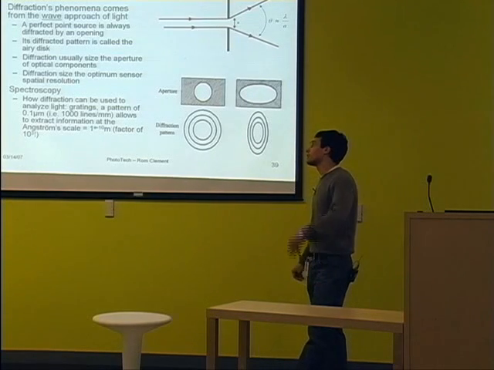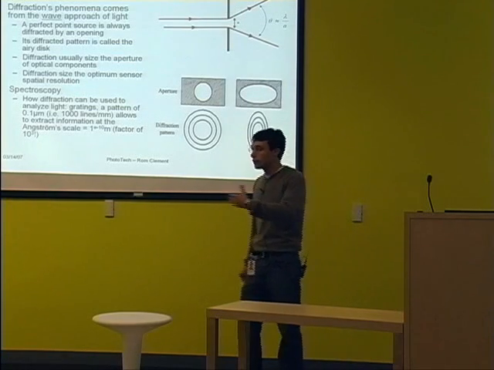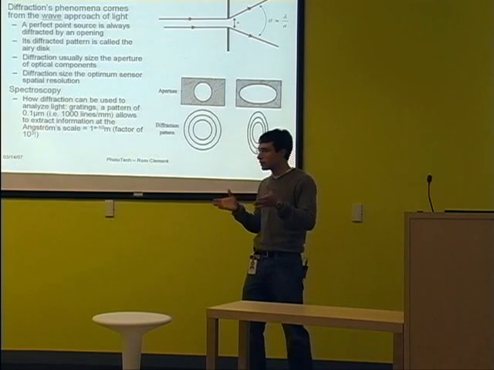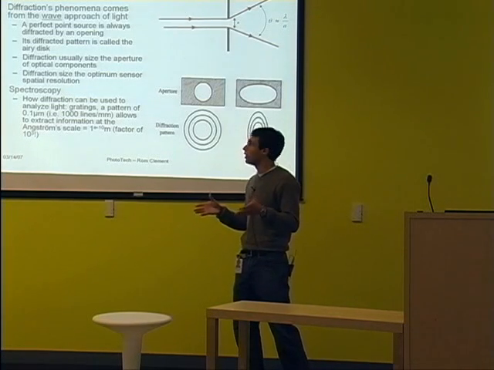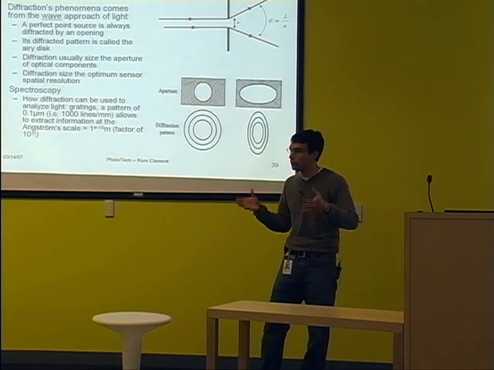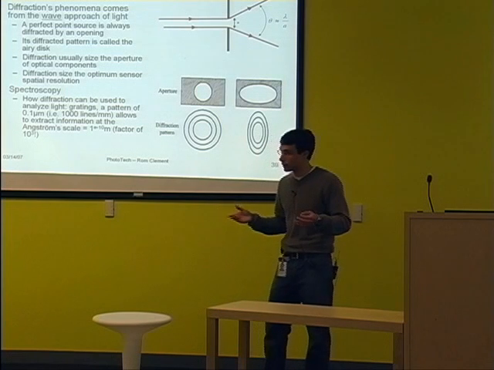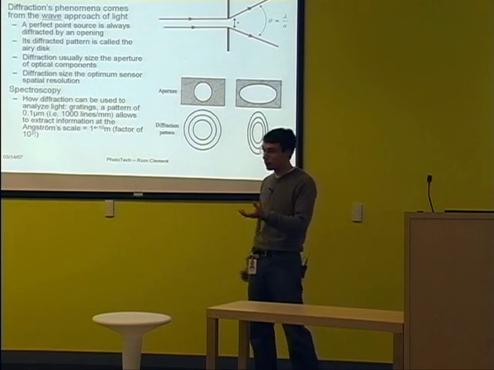It's very, very true for telescopes, for instance, that diffraction will usually size the aperture of your system. If you want a given resolution, you will need a certain aperture, and this is coming directly from diffraction.